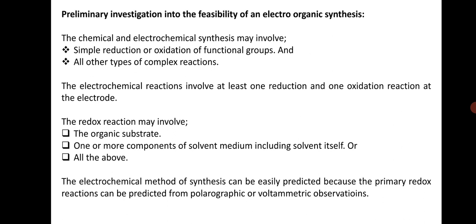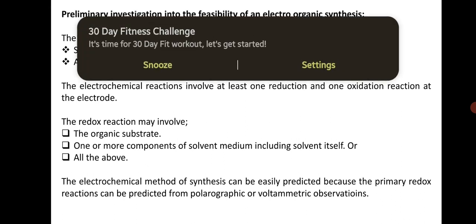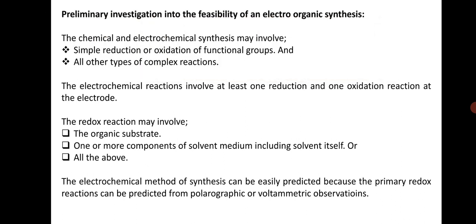The chemical and electrochemical synthesis may involve either one simple reduction or oxidation process of functional groups, or all other types of complex reactions. So this is one of the fundamental things. Whenever electrosynthesis is considered, there may be a simple reduction or oxidation, or all other types of complex reactions.